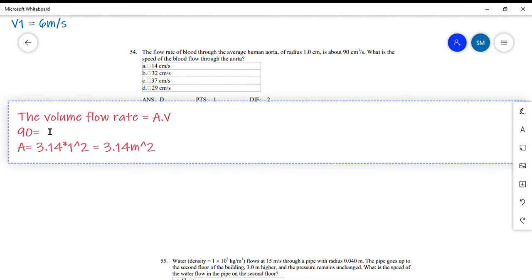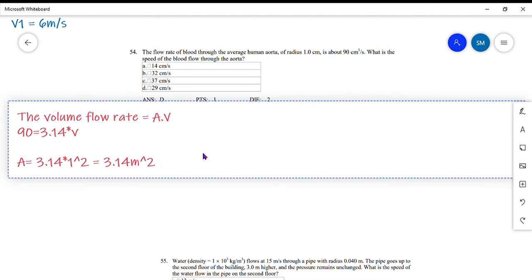So the volume flow rate, which is 90, is equal to the area, 3.14, times the velocity. After solving this, you will find the velocity is equal to 29 meters per second.